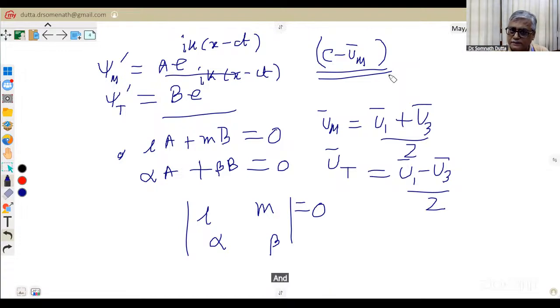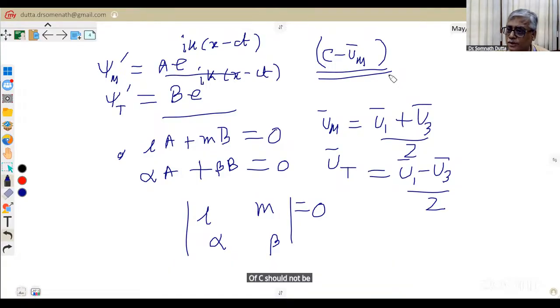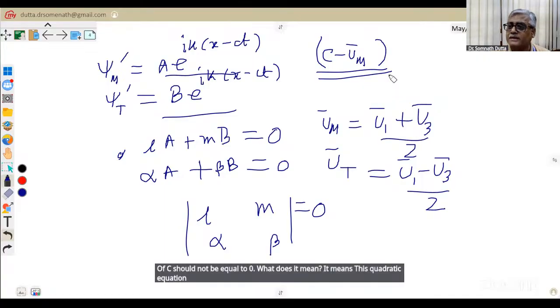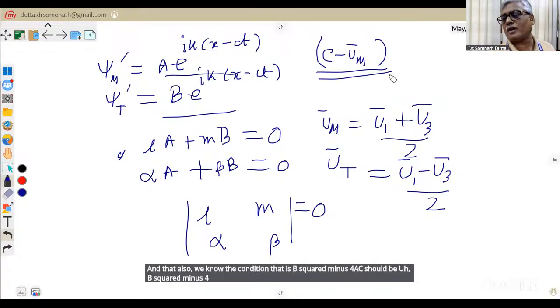And you remember I already told you that for instability we need a very specific condition: C_i, the imaginary part of C, should not be equal to 0. What does it mean? It means this quadratic equation should have an imaginary root, and we also know the condition, that is b square minus 4ac should not be equal to 0.